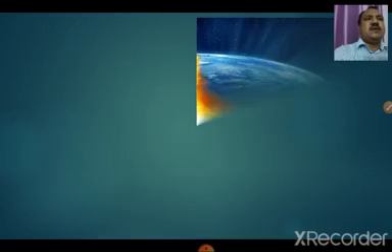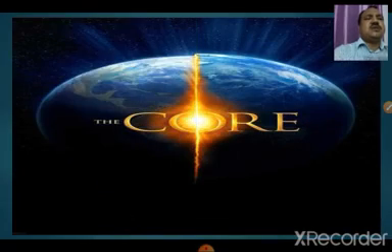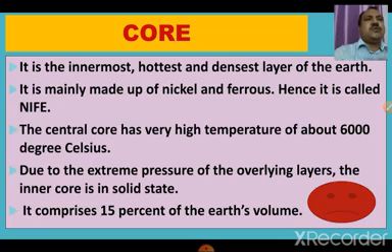The next topic that we are going to discuss is the core. It is the innermost, hottest and densest layer of the earth. It is mainly made up of nickel and ferrous. Ferrous means iron, hence it is called Nife. Nife means nickel plus ferrous.